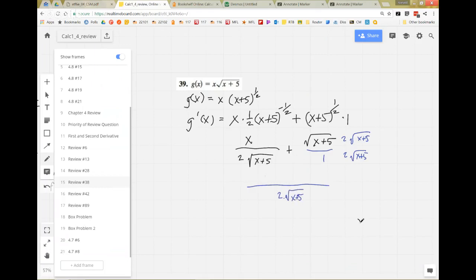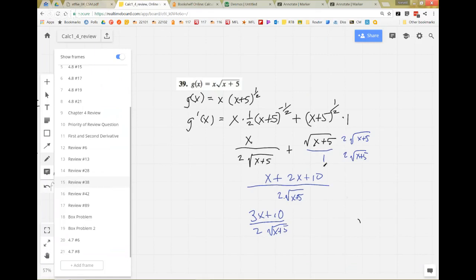On the top, we have an x plus, and over here, if you take the square root of x plus 5 times the square root of x plus 5, you get x plus 5, times 2, which is 2x plus 10. Then bring that top together, you get 3x plus 10 over 2 times the square root of x plus 5.